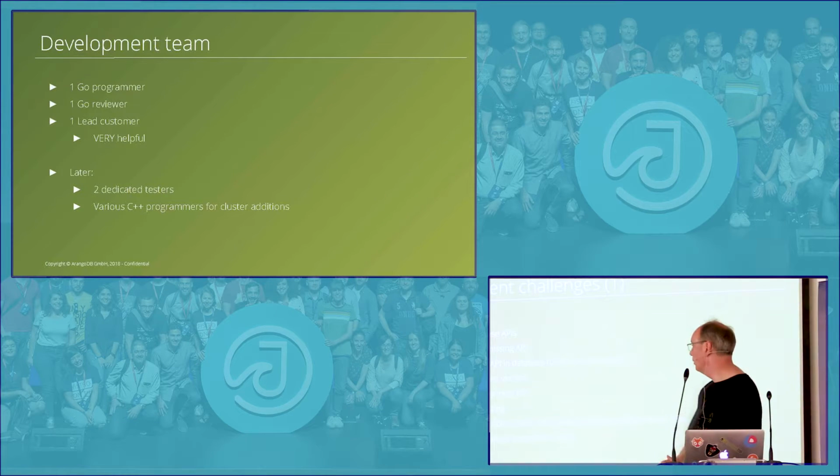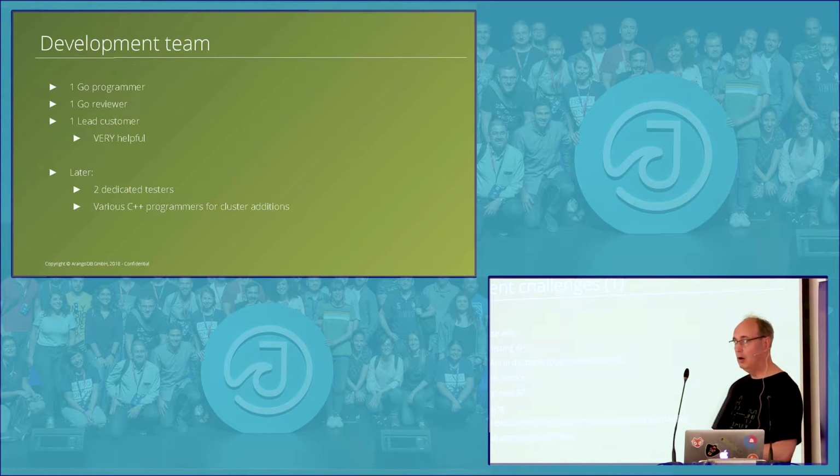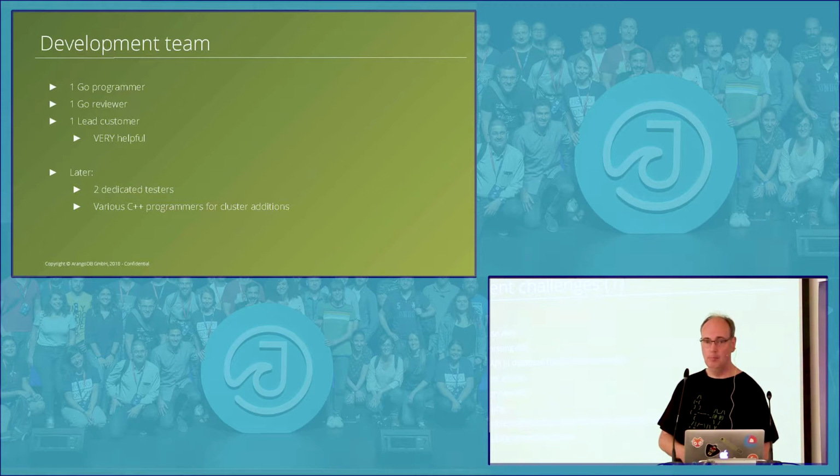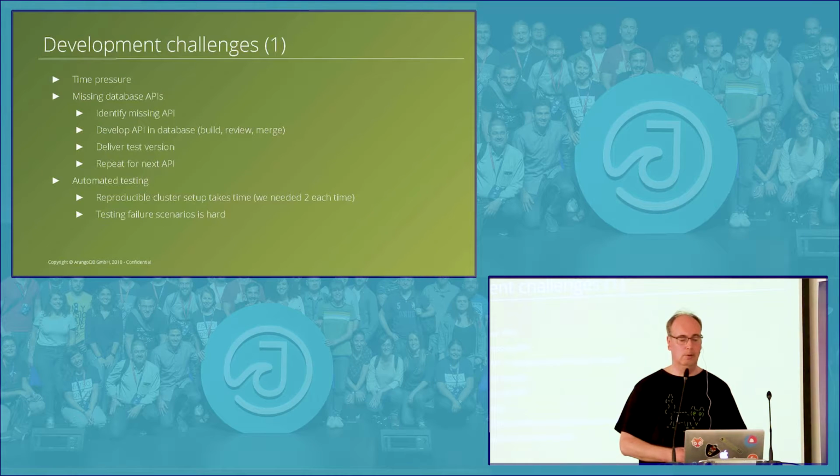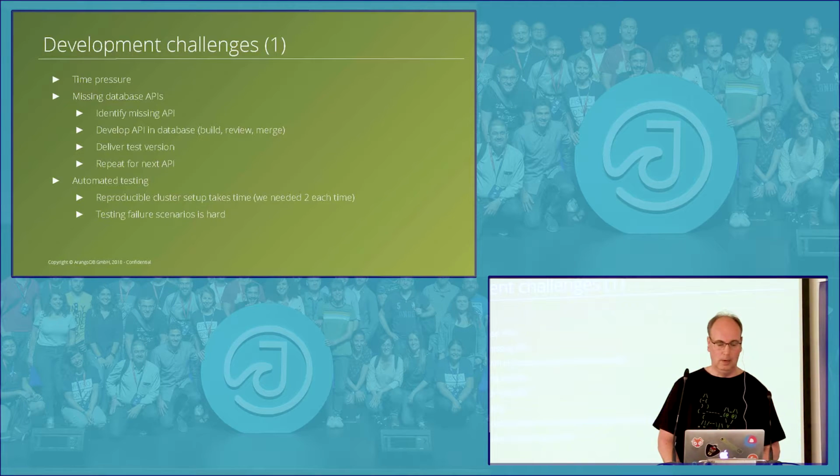So, what were the challenges that we had? Obviously time pressure. It was just a very short time, and it was made very clear that this is a very important project and it has to succeed no matter what. Okay, so let's do that.